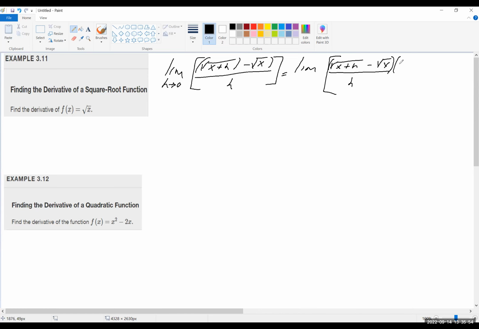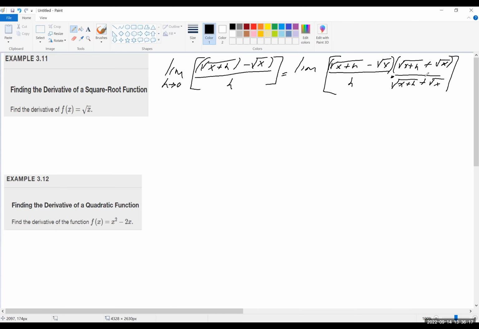So the conjugate would be the square root of x plus h plus root x. Now we have to multiply the numerator and the denominator by that, because essentially we're multiplying by 1, right?